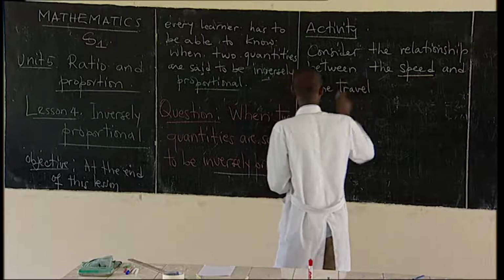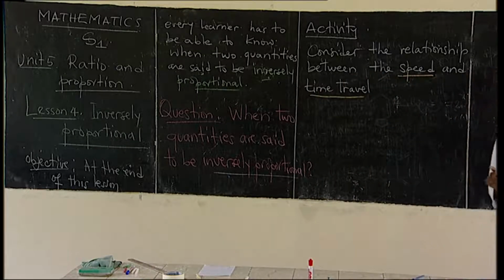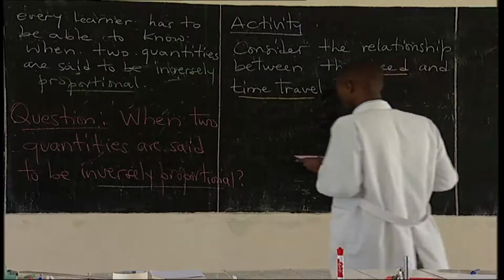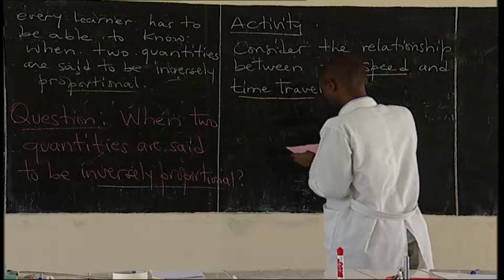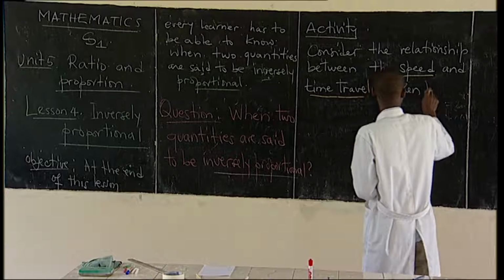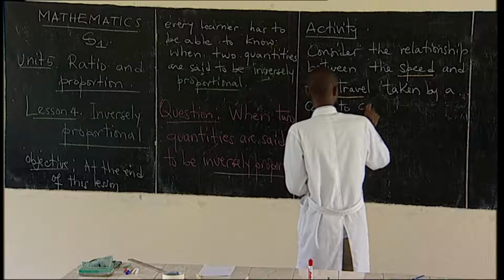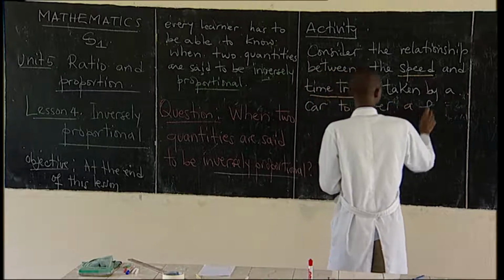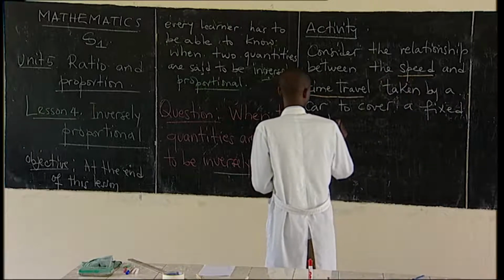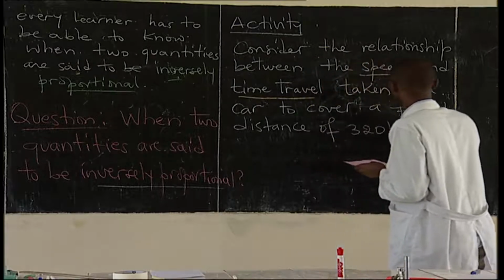Time travel is also another quantity. You remember we've said two quantities: we have speed as one quantity and also time travel taken by a car to cover a fixed distance of 320 kilometers.